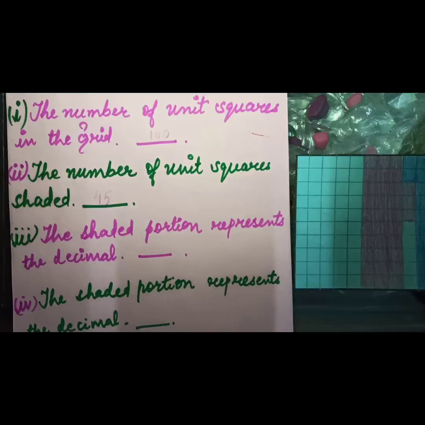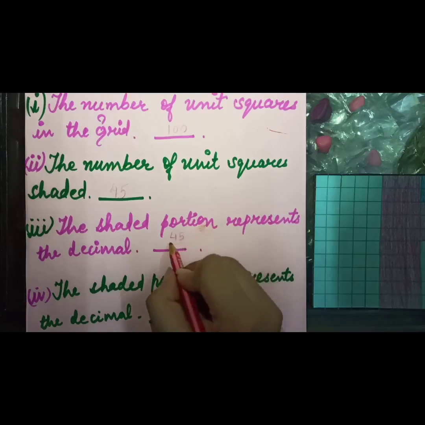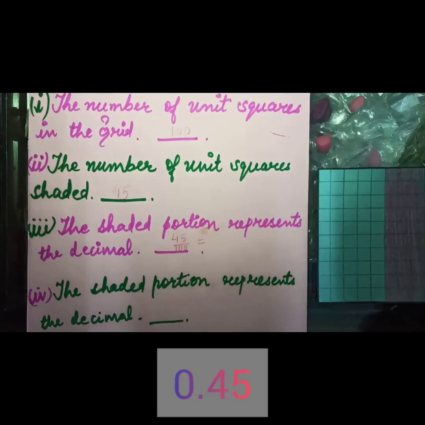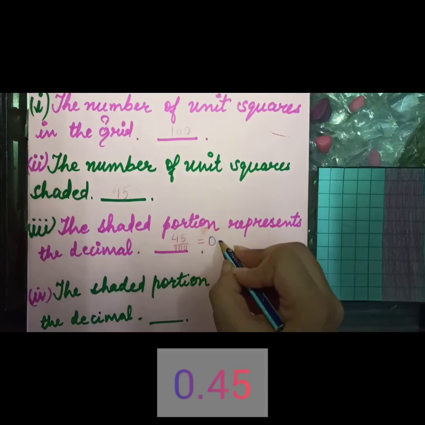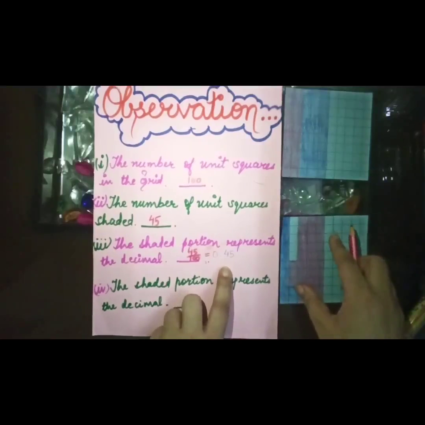The shaded portion represents the decimal. So how will we represent it? We will represent it as 45 upon 100, which gives the decimal 0.45.